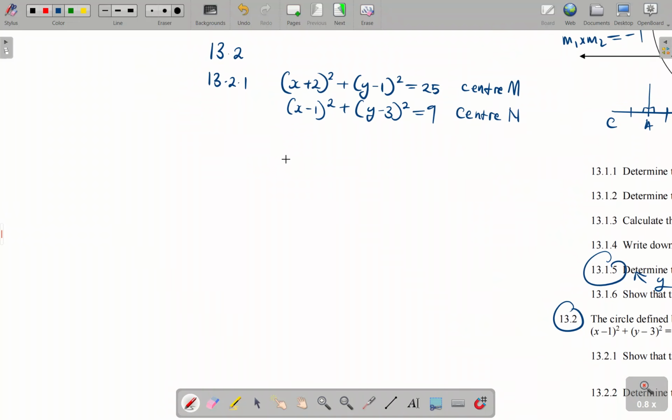So now we have to first find the distance between their centers. To find the distance between their centers, we need the coordinates of the centers of these two circles. So for the M coordinate, just remember that the circle equation is given by x minus a squared plus y minus b squared equals r squared.